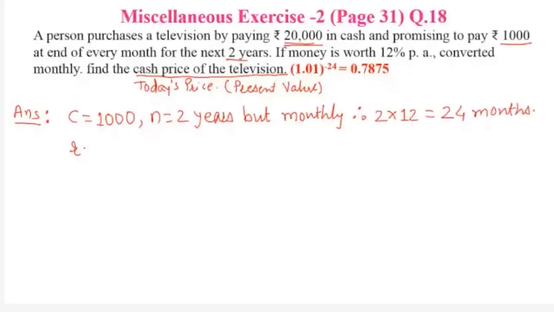R is equal to 12%, but monthly. 1% आएगा.